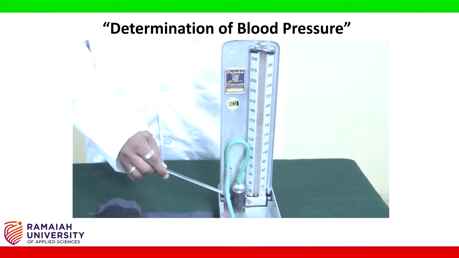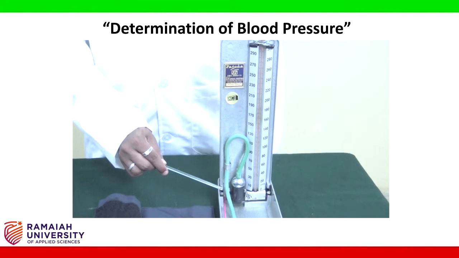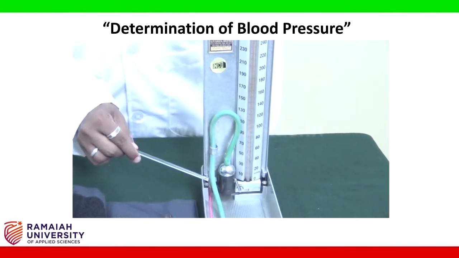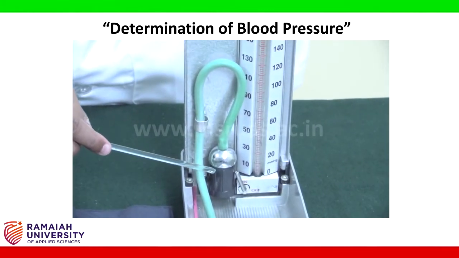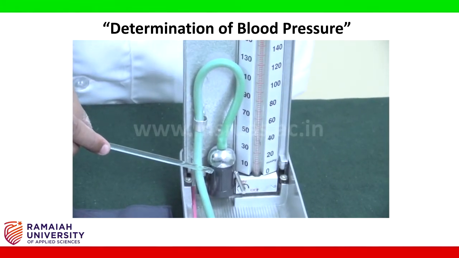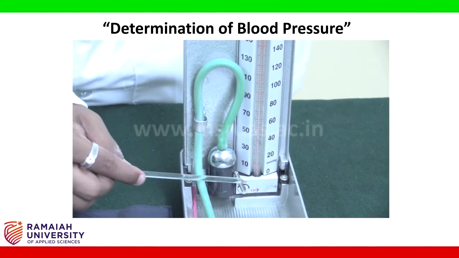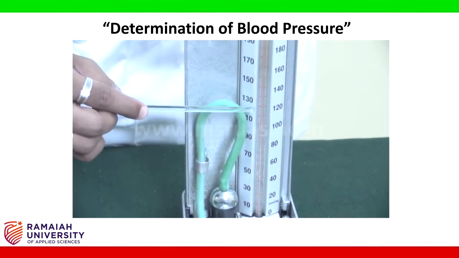The mercury manometer is fitted in the lid of the instrument. One arm of the manometer is connected with the reservoir of the mercury and other arm to the graduated glass tube.